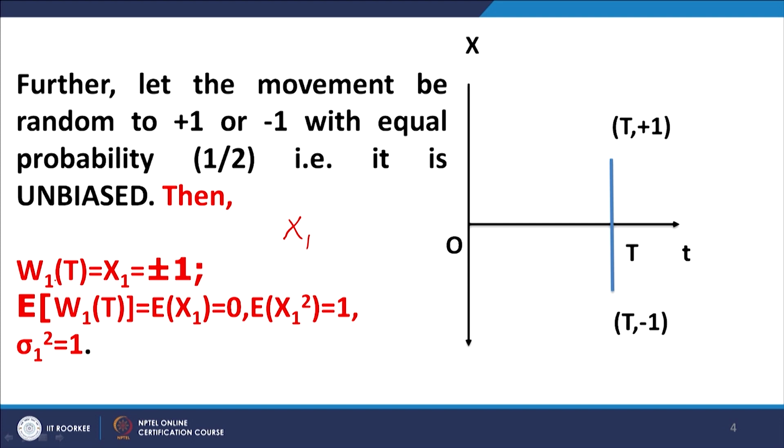It can take the value +1, it can take the value -1, but the probabilities are equal. Clearly, the expectation of W1 is equal to the expectation of x1, that is 1 by 2 into +1 plus 1 by 2 into -1, that gives you 0. And if you work out the expectation of x1 squared, what do we get?